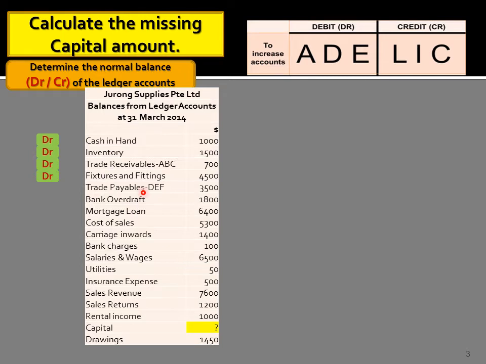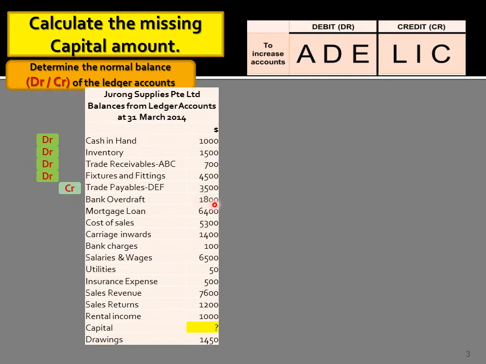Trade payables. Payables indicate a liability account, therefore credit balance. Bank overdraft is essentially a negative cash at bank account. What it means is the business owes the bank $1,800.